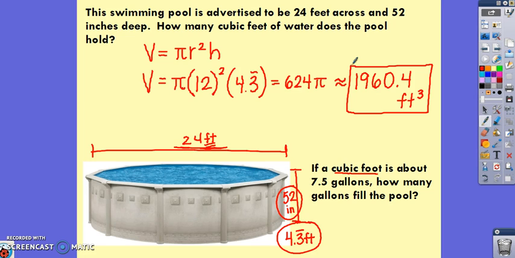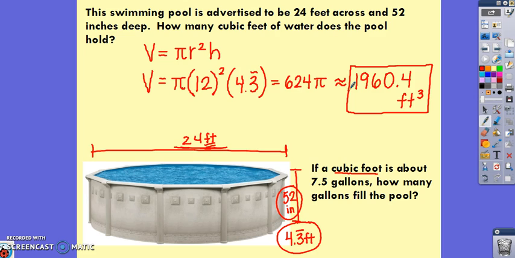If a cubic foot is 7.5 gallons, which I have a hard time with, I've thought about this a lot. Can you picture a cube that's 1 foot by 1 foot by 1 foot? Turns out it can hold 7.5 gallons if you think of your gallon jug of milk. It still blows my mind, but how many gallons could I fit in a pool that's 1,960 cubic feet?